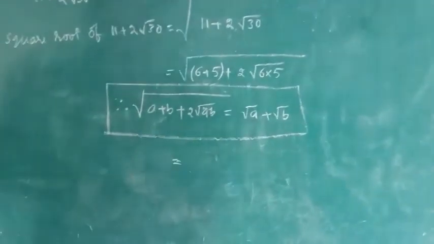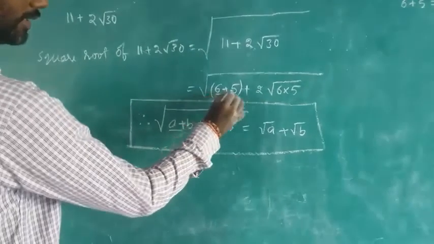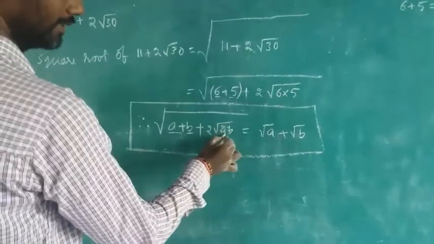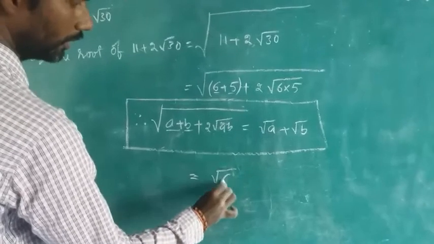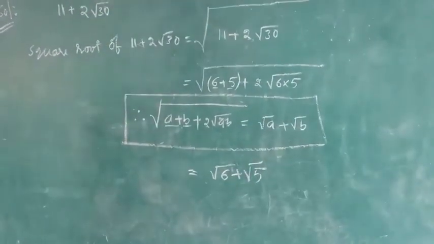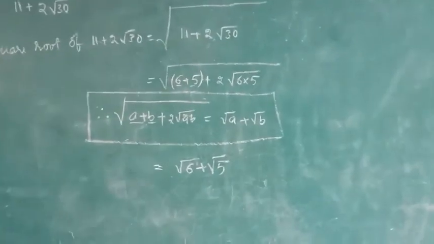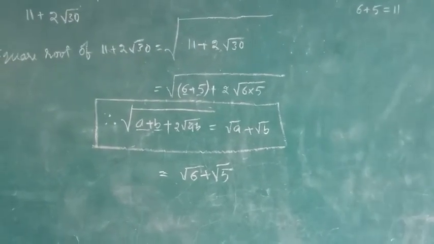Compare clearly. If you compare these two, it is enough. A is 6, B is 5. So 2 under root, A is 6, B is 5. So the answer of the square root of this is root 6 plus root 5. Yes or not? So this is the problem. Try to understand it. I hope so.